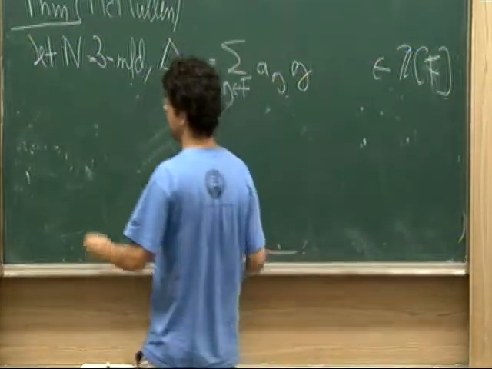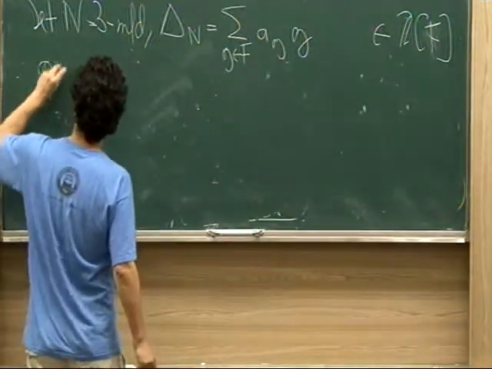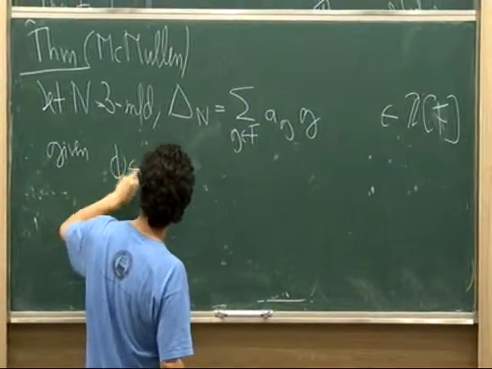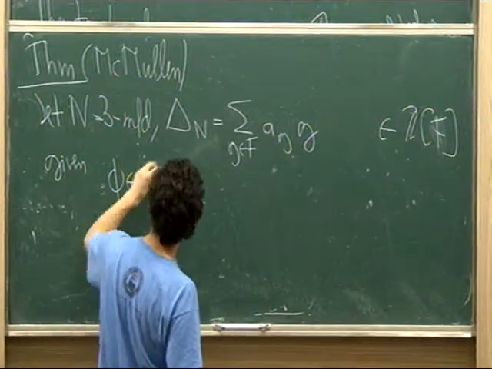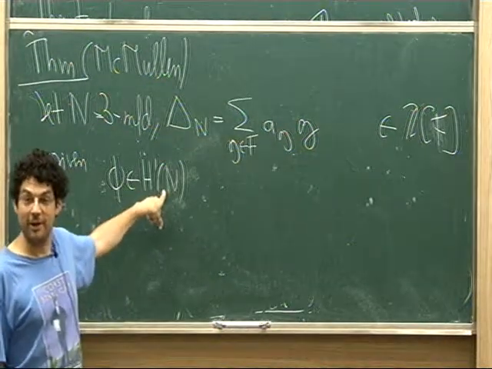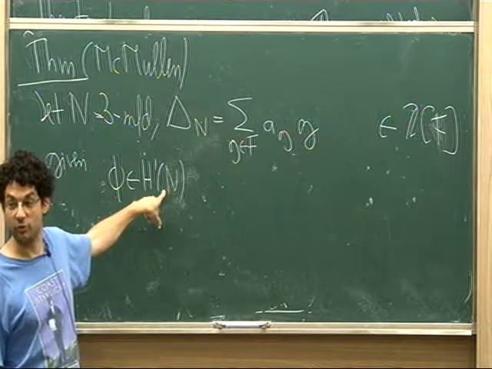And now, given phi in H upper 1 of N, H upper 1 of N has many reincarnations.